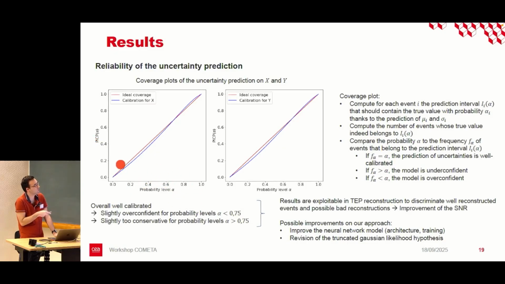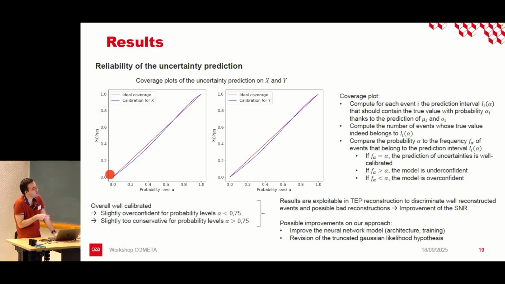And then we measure the frequency of real test data that falls into the interval that is predicted. So for example, if we have an interval at 60%, we compute for all of the events the interval at 60% for the position, and we count the number of times the right position was inside this interval.